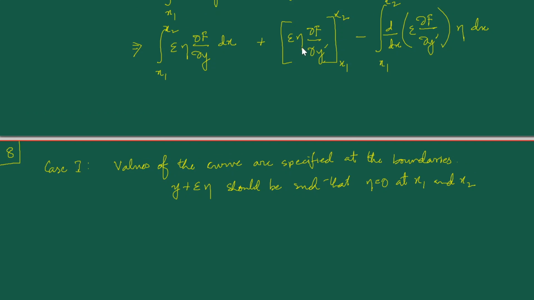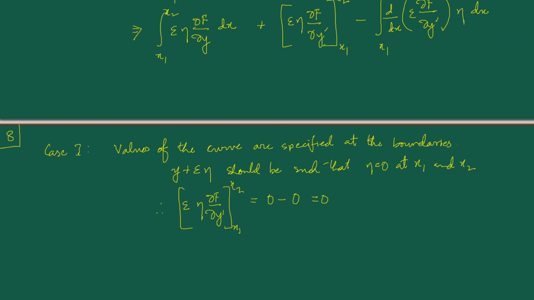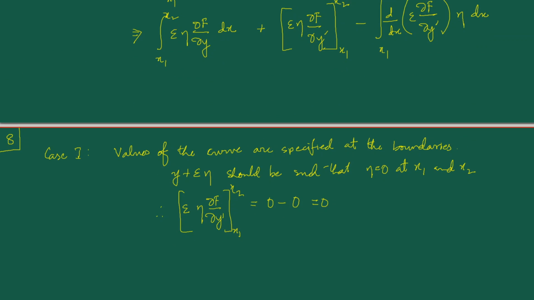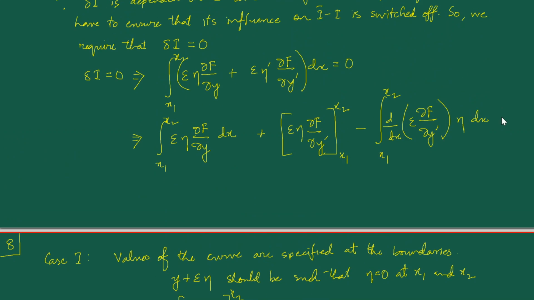So this is basically epsilon eta del f del y dash evaluated at x2 minus epsilon eta del f del y dash evaluated at x1. So both of those terms go to 0. So therefore epsilon eta del f del y dash between x1 and x2 is basically equal to 0 minus 0 equal to 0. So all that we end up with is just this first term and the second term, and please note that I have forgotten to write this equal to 0 here.